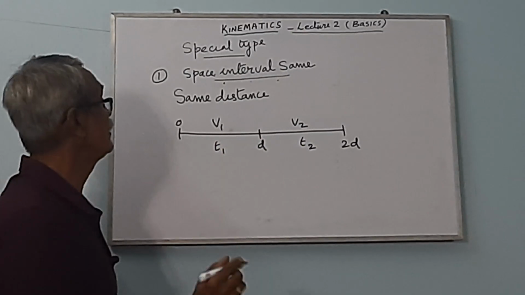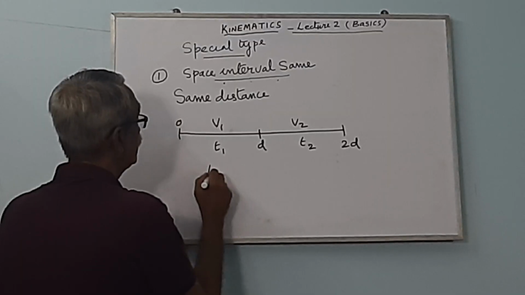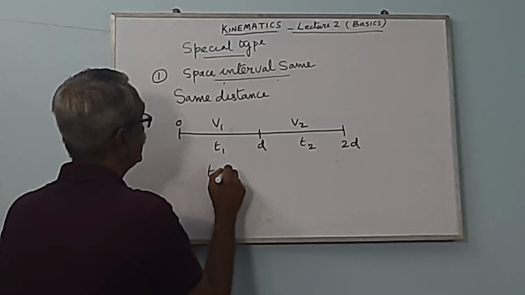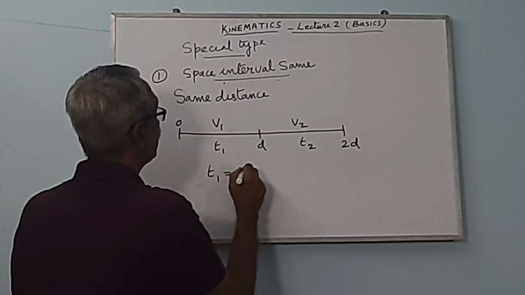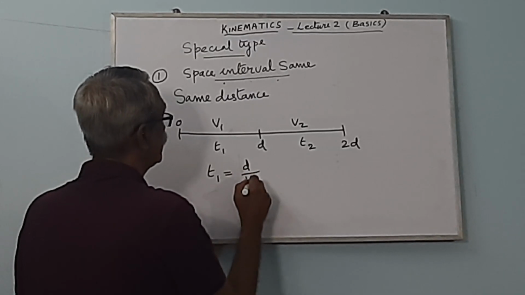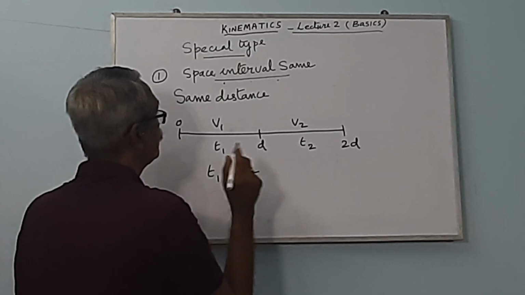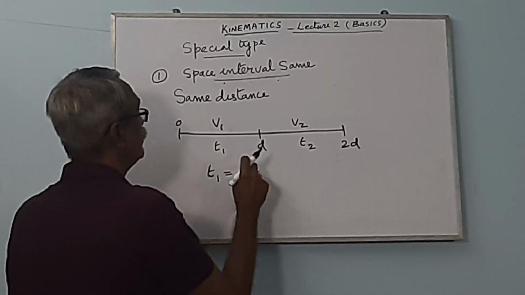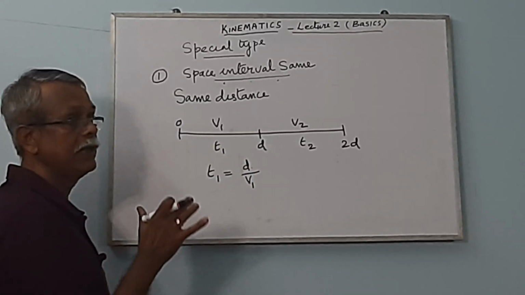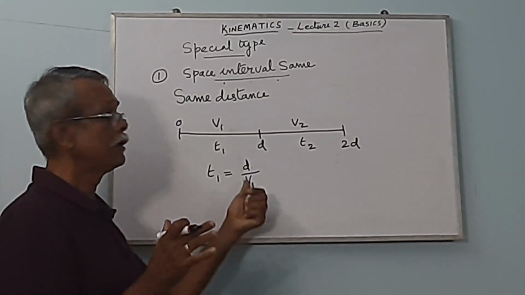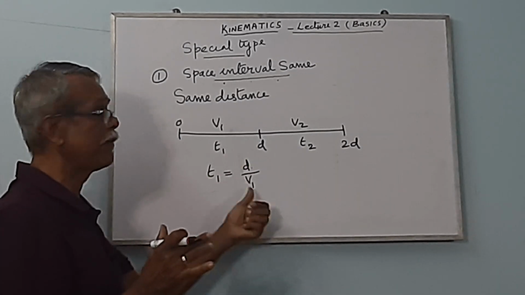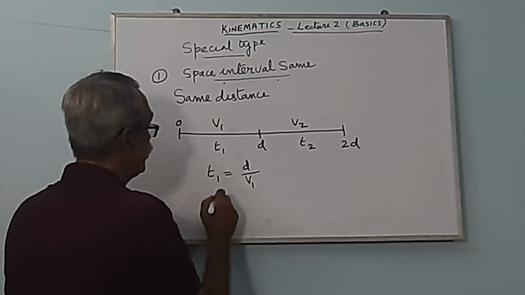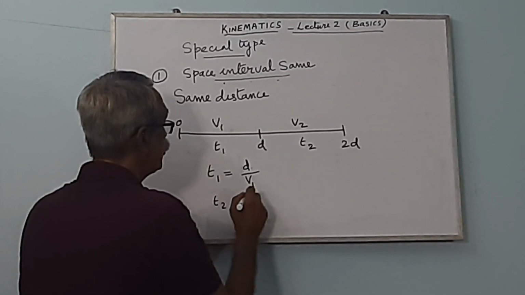Then we can say that t1 is equal to d divided by v1, because distance divided by time is velocity, so time is distance divided by velocity. Similarly, t2 is equal to d divided by v2.